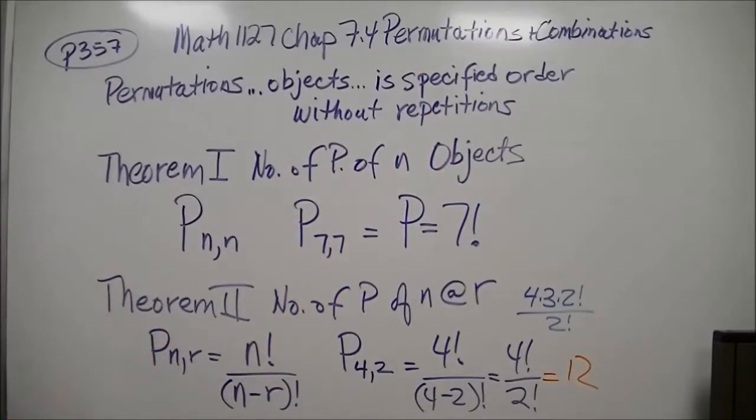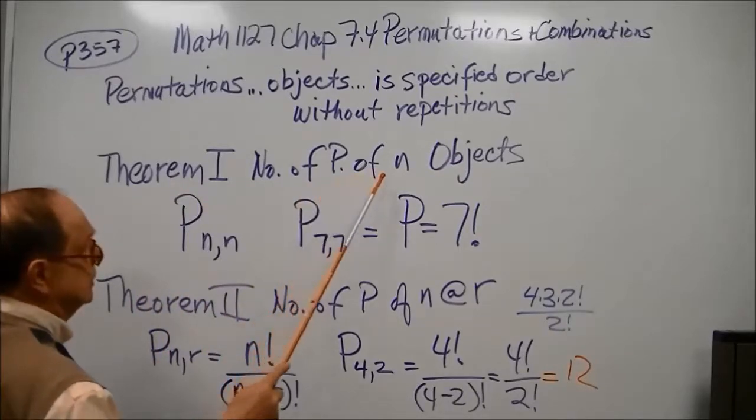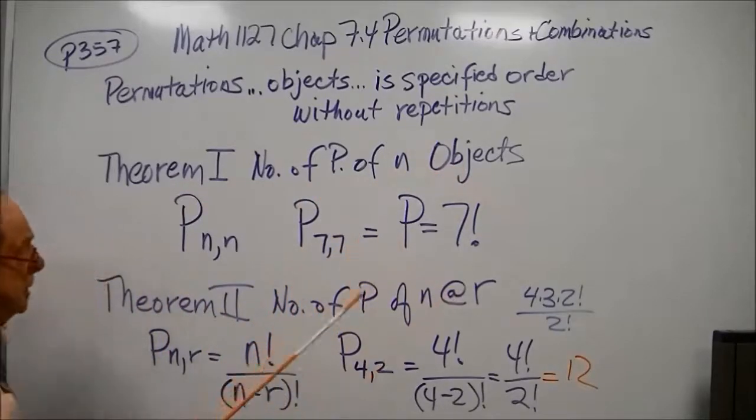Now there's a couple of formulas here, and you're going to see how it ties in with factorials in just a moment. So in Theorem 1 they talk about the permutations of n objects.